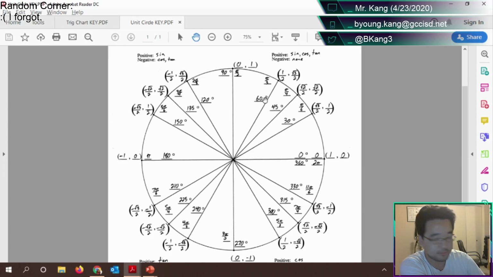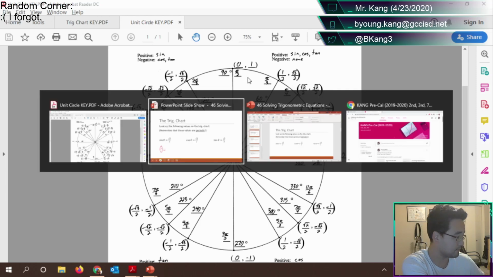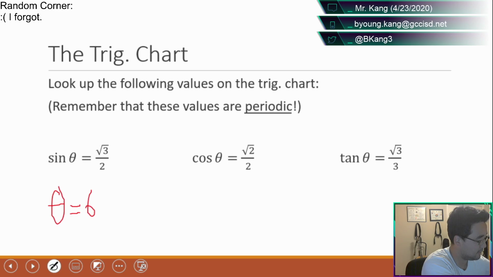So 60 degrees would be an answer. You also see one over here, so 120 would also be an answer. I don't see any others where the y coordinate is positive square root of 3 over 2. So your answers are 60 and 120, or pi over 3 and 2 pi over 3 for pre-AP. All right? So 60 and 120.